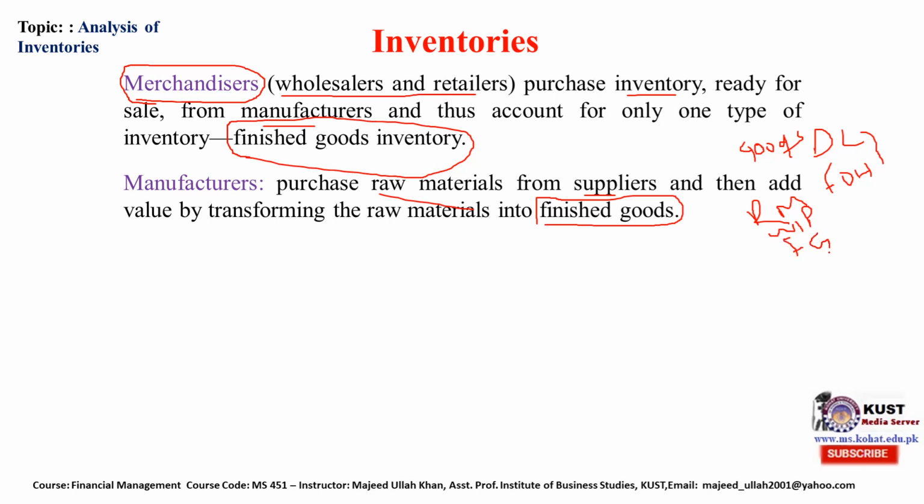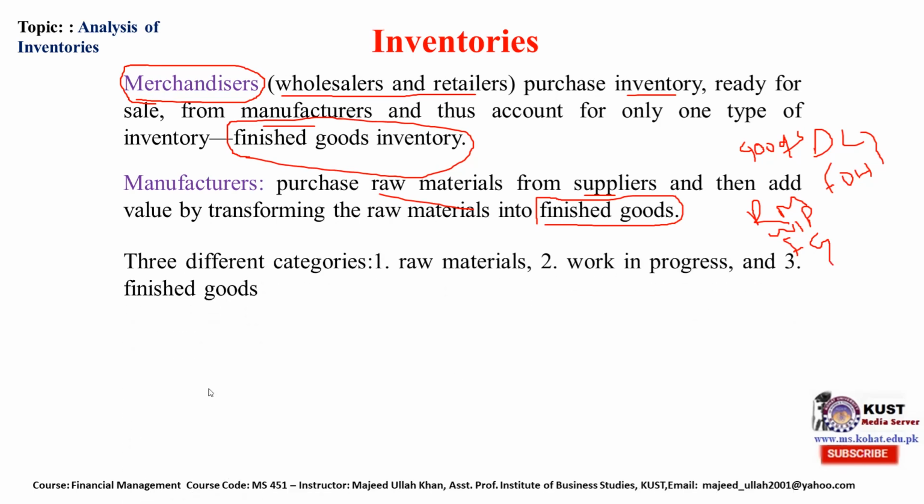What I described is that a manufacturer has three types of inventory: raw material, work in progress or work in process, and finished goods.